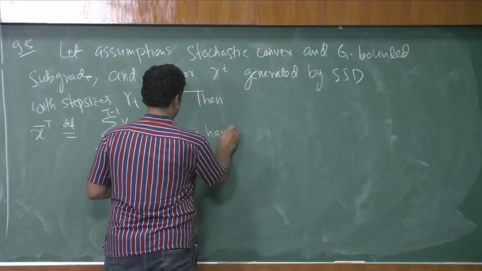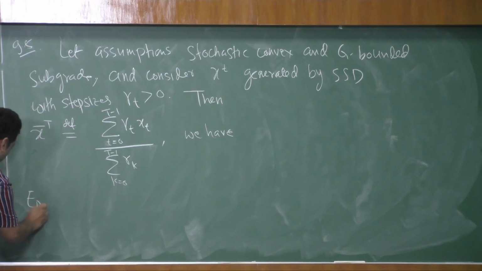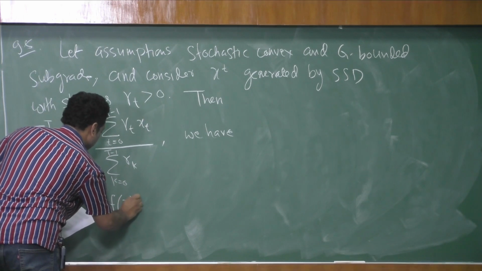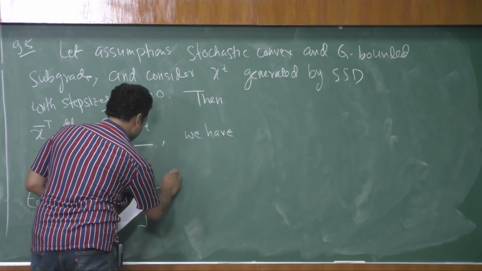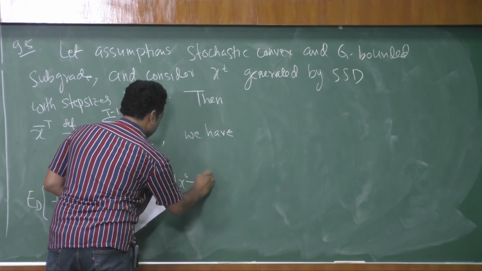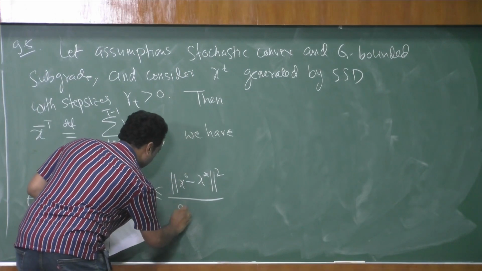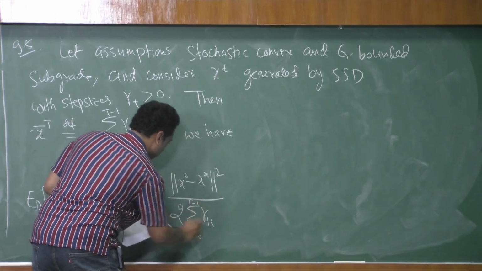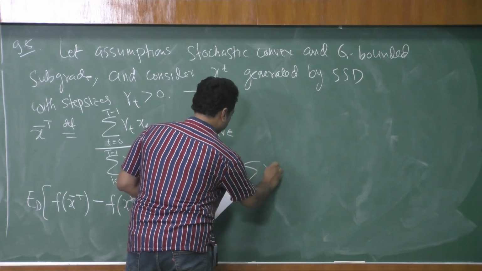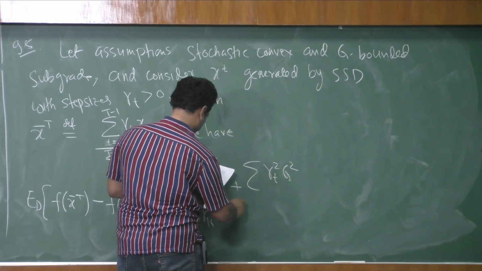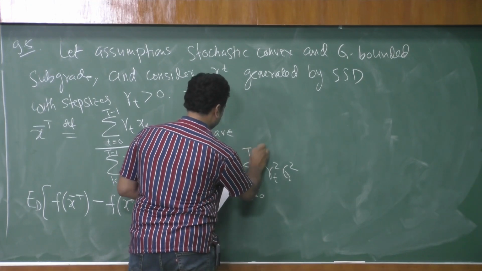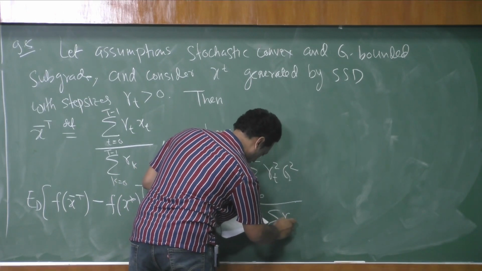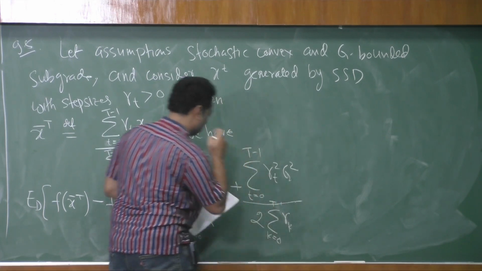we have the expectation of f of x bar T minus f of x star bounded by, similar to the results we did before, norm of x0 minus x star squared divided by 2 times the sum of gamma k for k equals 0 to T minus 1, plus the sum of gamma t squared G squared for t equals 0 to T minus 1, divided by 2 times the sum of gamma k for k equals 0 to T minus 1.